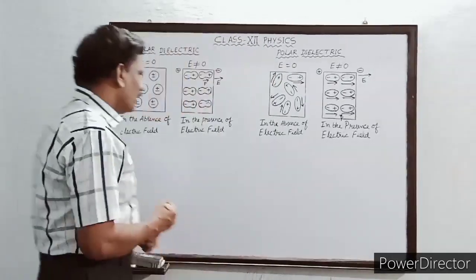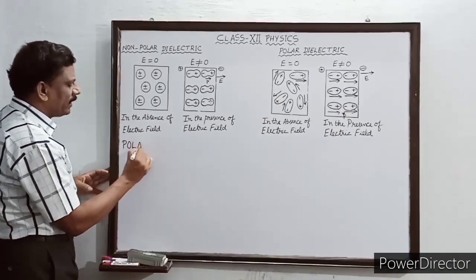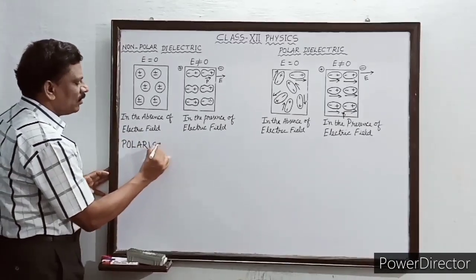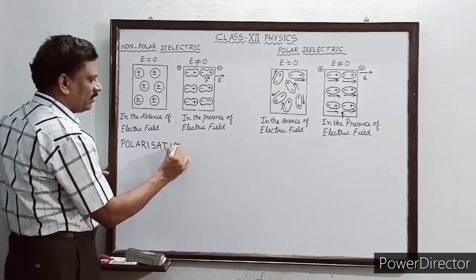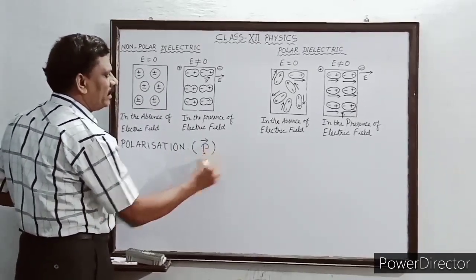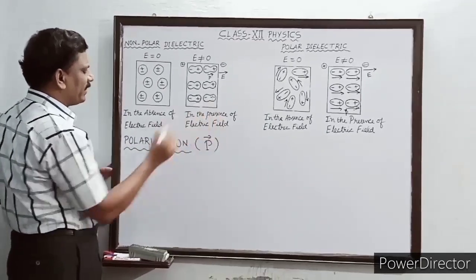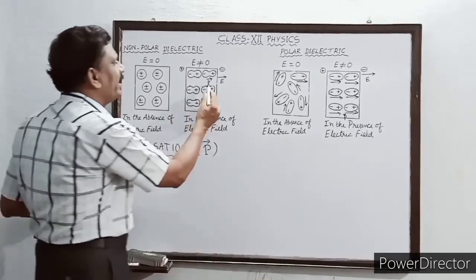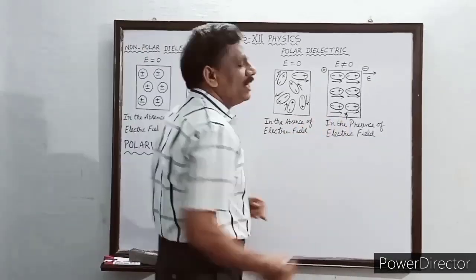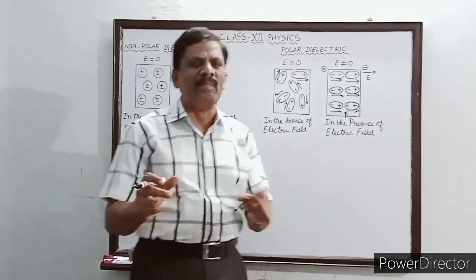Now we want to define a very important term which is called polarization. The polarization vector is denoted with the symbol capital P. This is different from the small p vector, which we have already introduced. Small p vector is the electric dipole moment.